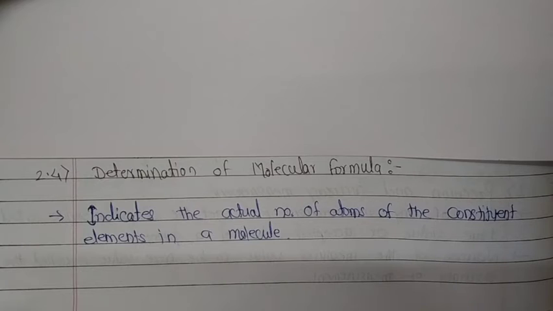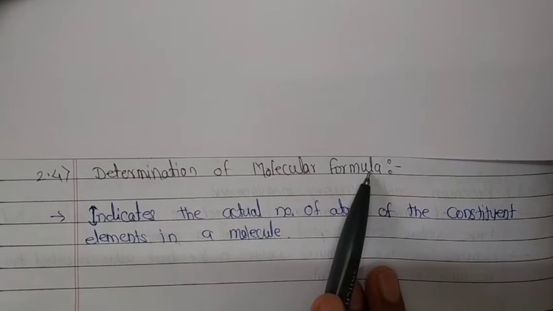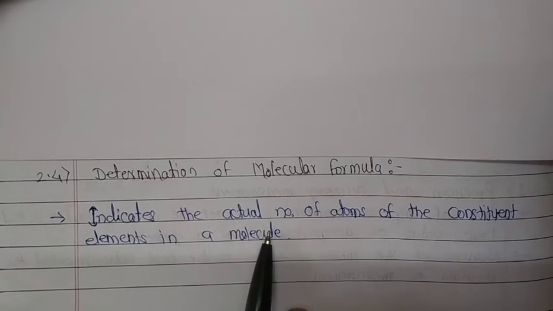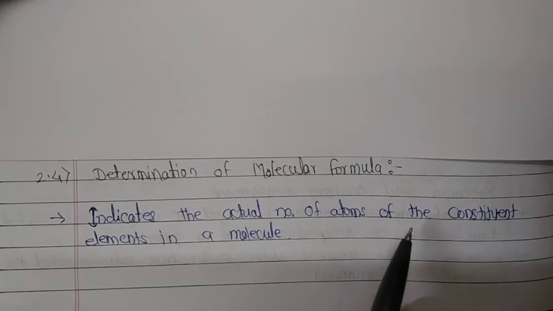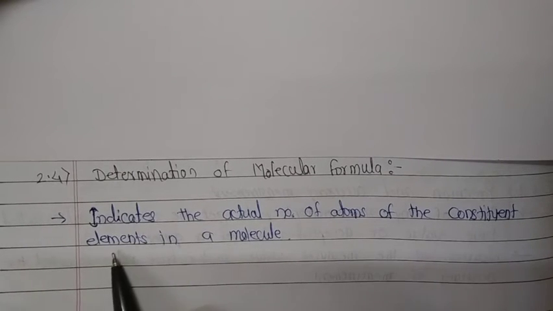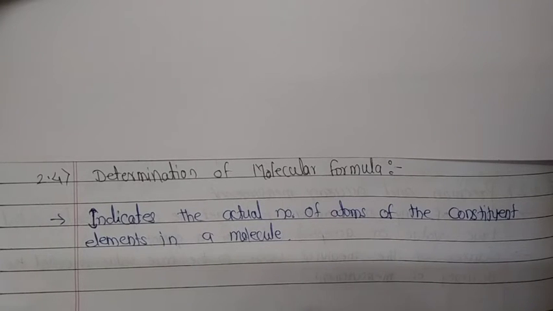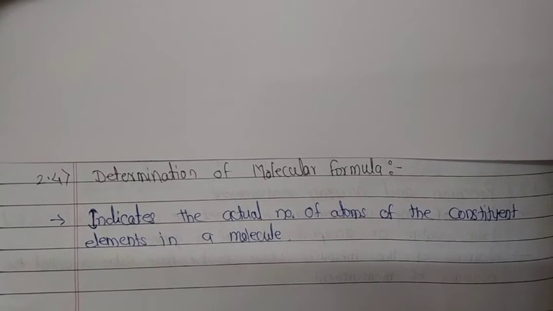Next point of this chapter is determination of molecular formula. The molecular formula of a compound is the formula which indicates the actual number of atoms of the constituent elements in a molecule. For example, carbon dioxide contains 2 elements, carbon and oxygen.